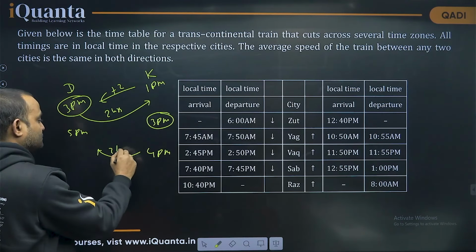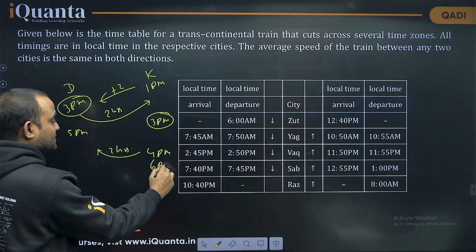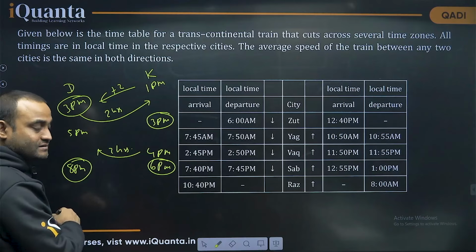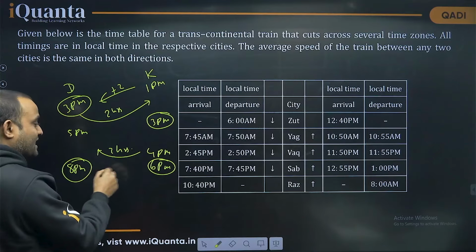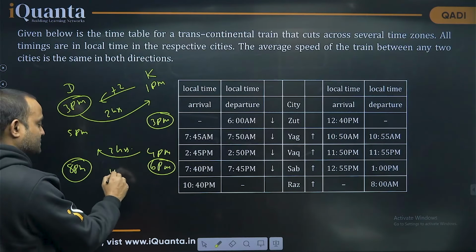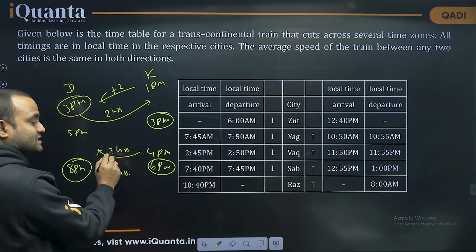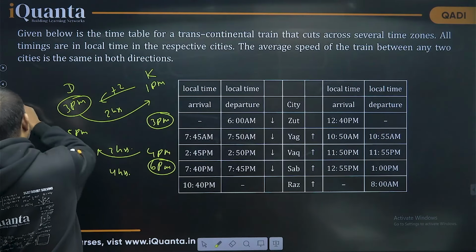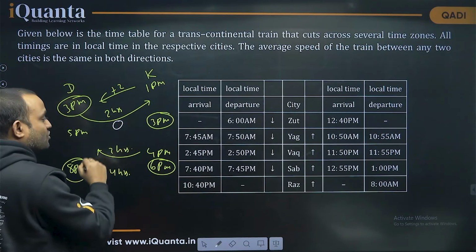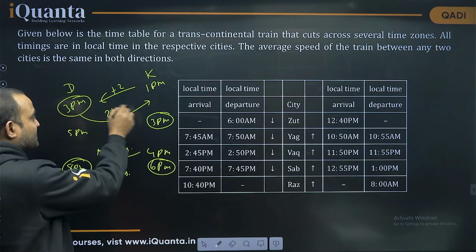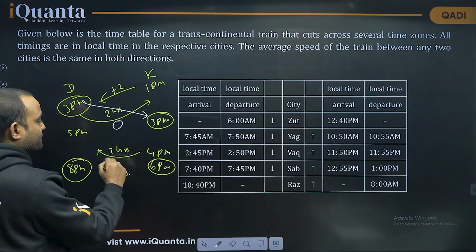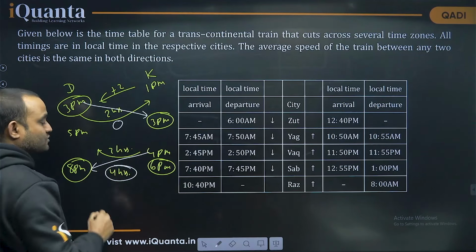As per Kolkata time, 6 p.m. Kolkata time is basically 8 p.m. of Delhi time, correct? So the travel time as it looks is 4 hours here. Why? Because 2 hours this and we add the time zone. Whenever we have situations like this, here the difference is 0 as per their time, and here the difference in their time is 4 hours including the time zone.